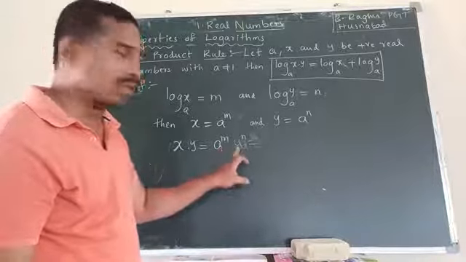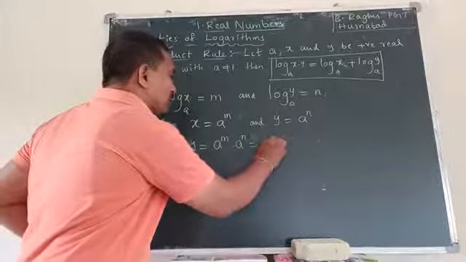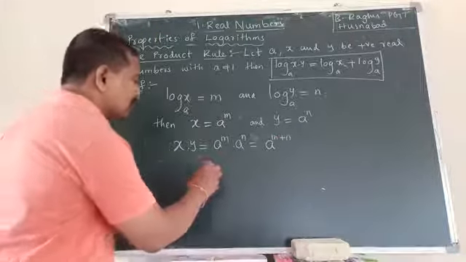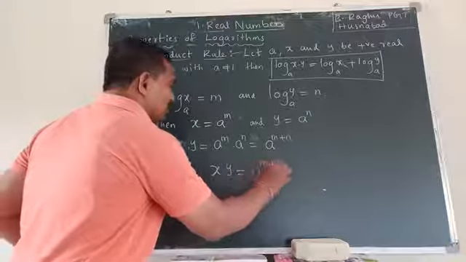Using the exponent formula, bases are equal, product is there, add the powers, that is a power m plus n.